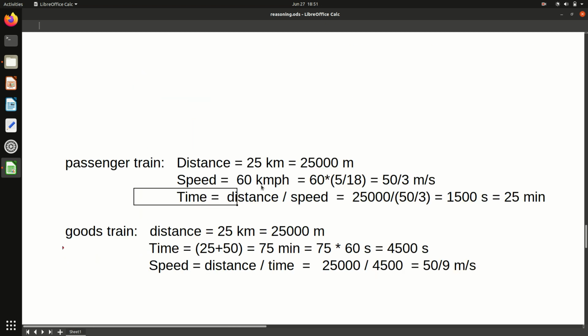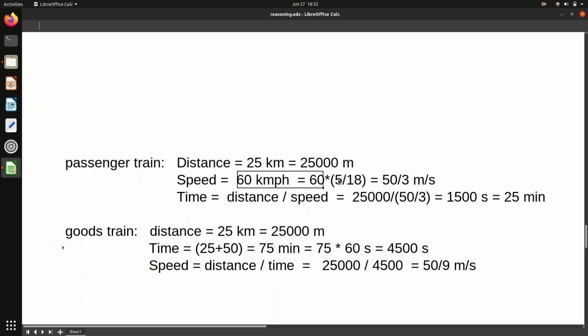Keep this shortcut in mind, it will help you. Whenever you have to convert kilometer per hour to meter per second, you just multiply by 5 by 18. So kilometer per hour to meter per second is 5 by 18, and meter per second to kilometer per hour is 18 by 5.